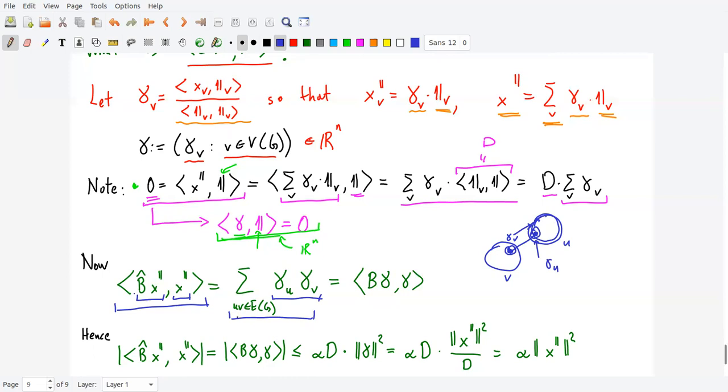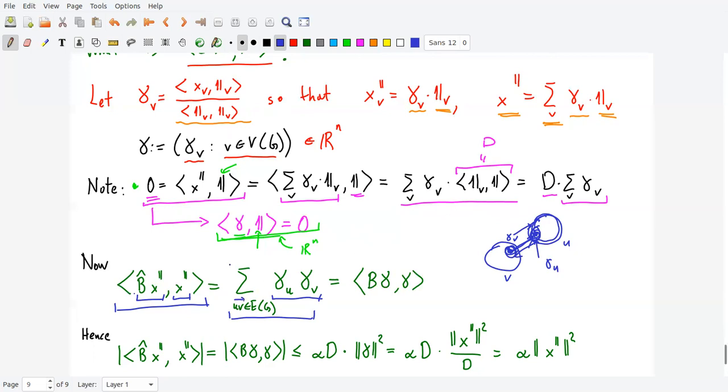Here you need to be a little bit careful about what it means, the sum over all the edges of G. Actually, for every edge a term will appear here twice: once for v sending its charge to u, and once for u sending its gamma u to v. But it will appear only once for the loops. So this is the sum over all sort of directed edges.